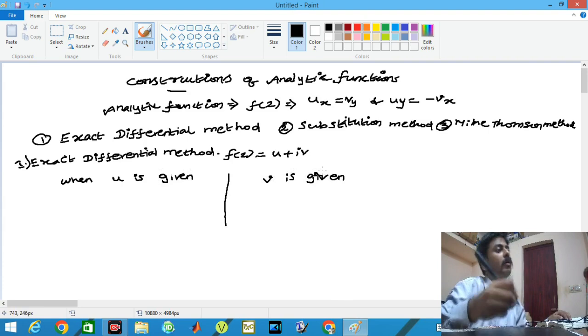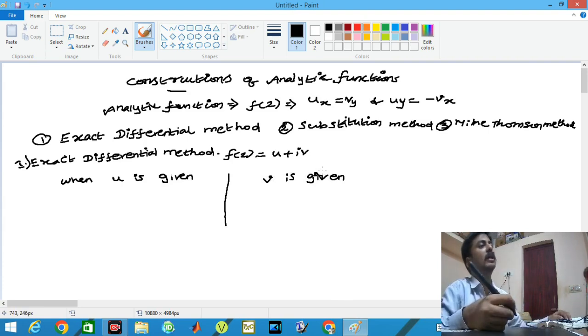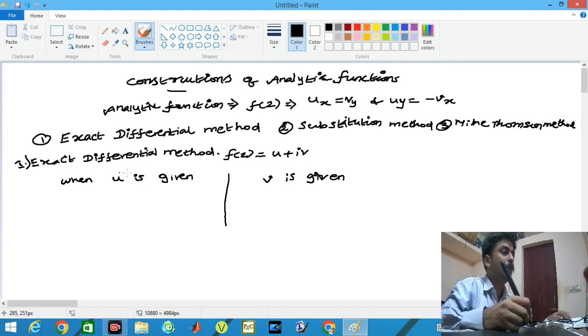When u is given, we have to find v. When v is given, we have to find u. Then only will we have both u and v to complete this formula.